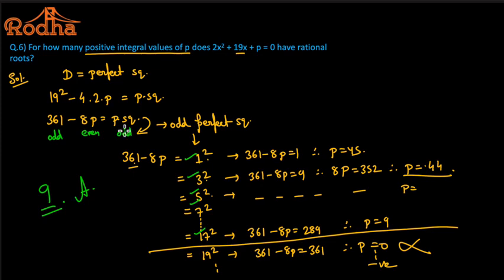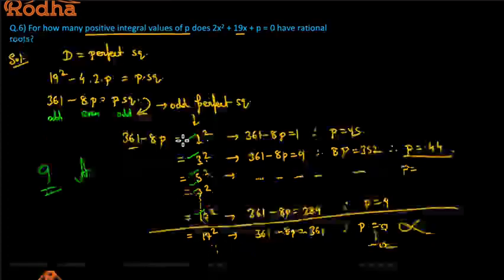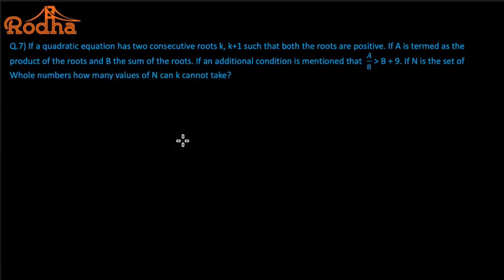Okay, let's move to question 7 now. What they are saying in this question is: if the quadratic equation has two consecutive roots k and k plus 1, such that both the roots are positive.